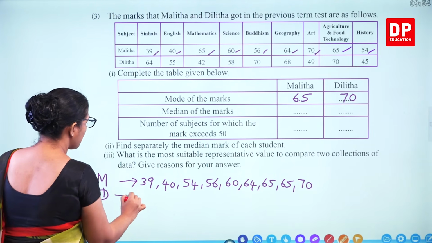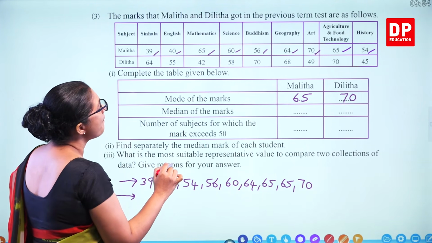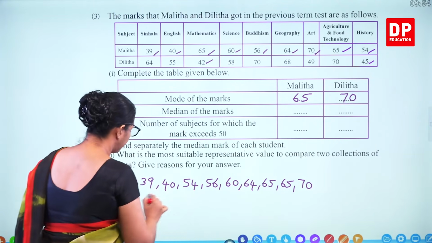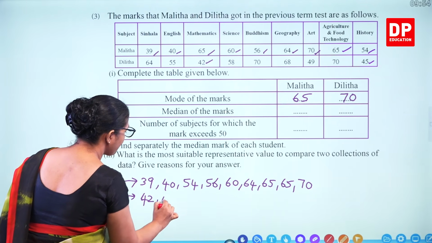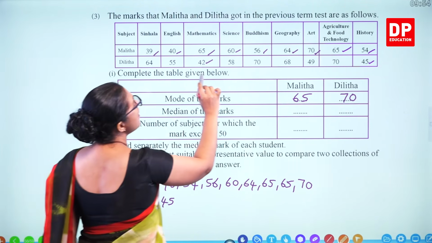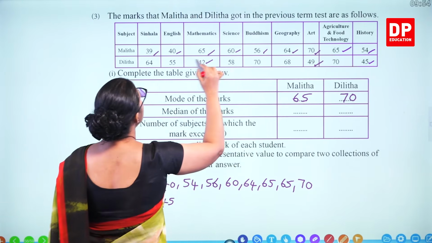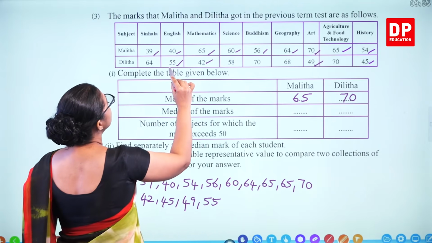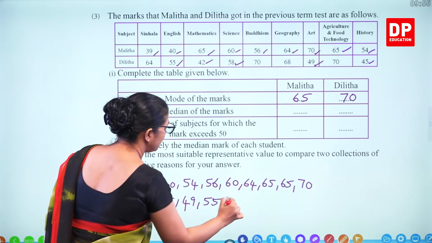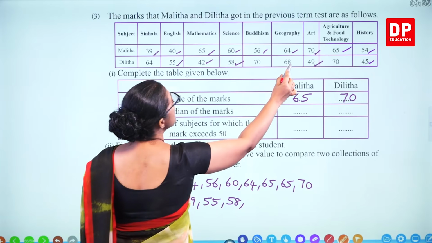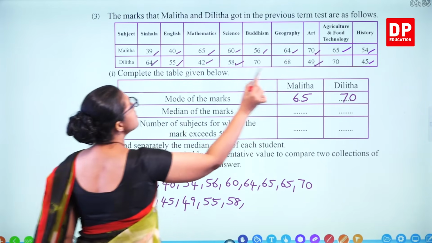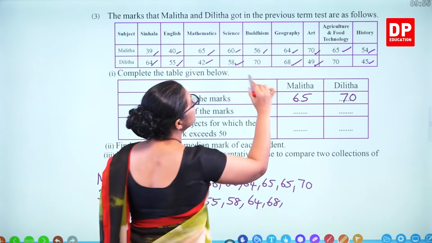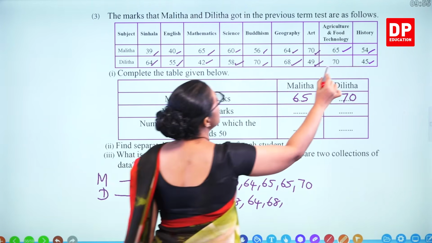And Dilitha's marks arranged in ascending order: 42, 45, then 49, 55, 58, 64, 68, 70 and 70.